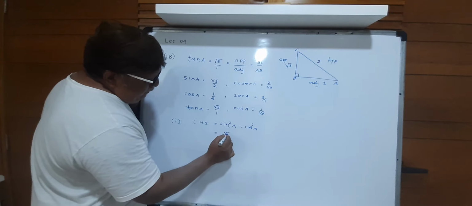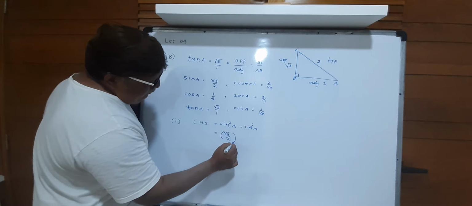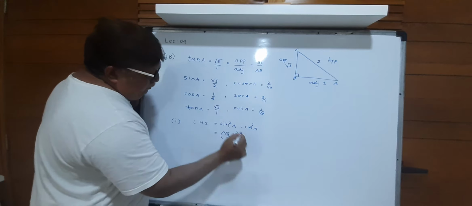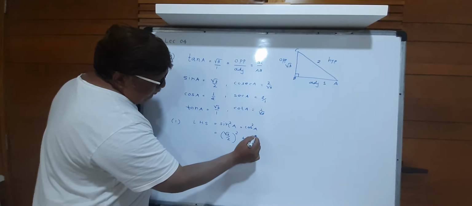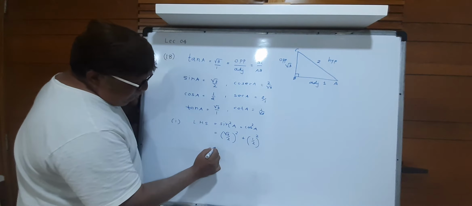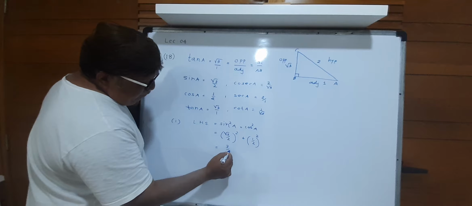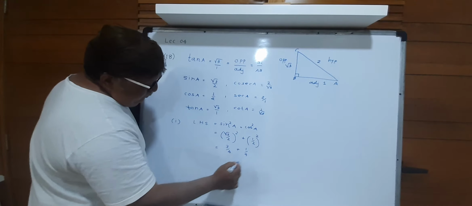Sin A, under root 3 upon 2 whole square, plus cos A, 1 upon 2 whole square. Now just square it, 3 upon 4 plus 1 upon 4.